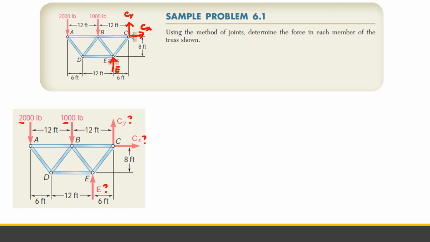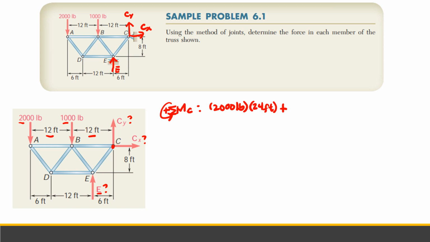First, we take the summation of moments at C, so that Cy and Cx are eliminated and we can find E. Assuming counterclockwise is positive, we start with the furthest force. The 2,000 pound force multiplied by its perpendicular distance to C, which is 12 plus 12, so 24 feet.